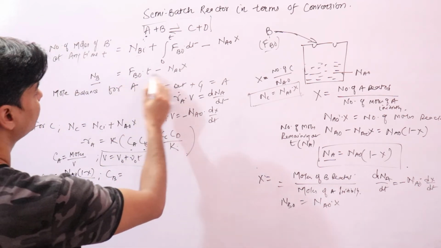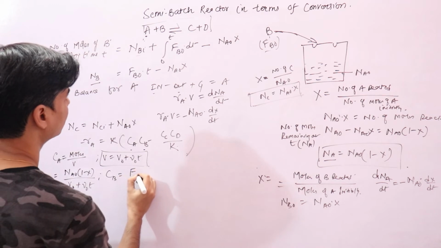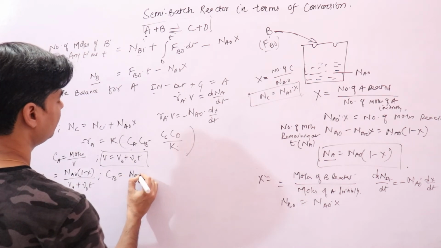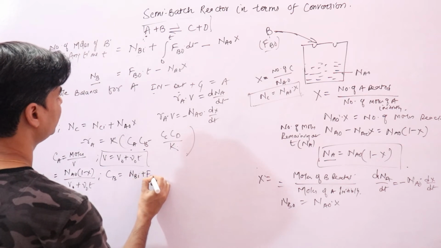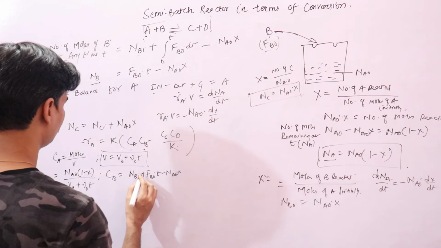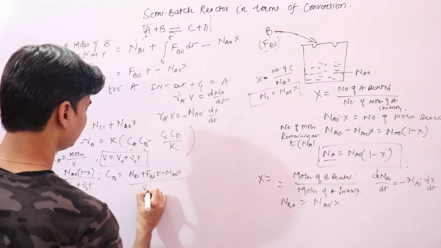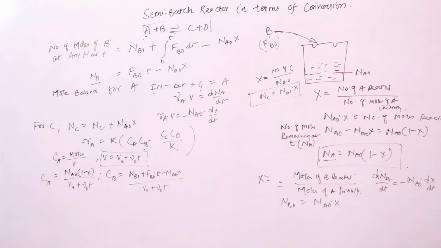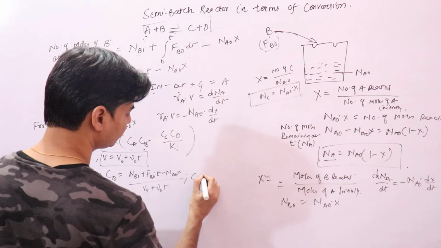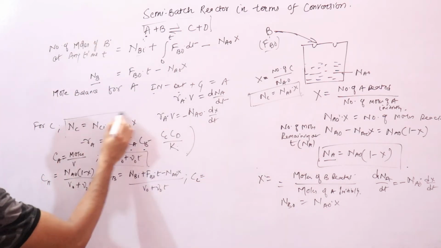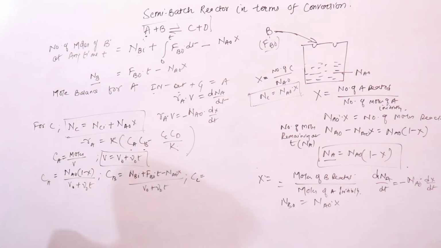We have already got it from this equation: Nbi plus Fb0 T minus Na0 x, divided by nu 0 T. Similarly, concentration of C.